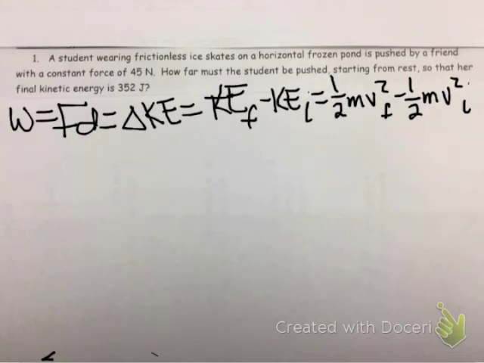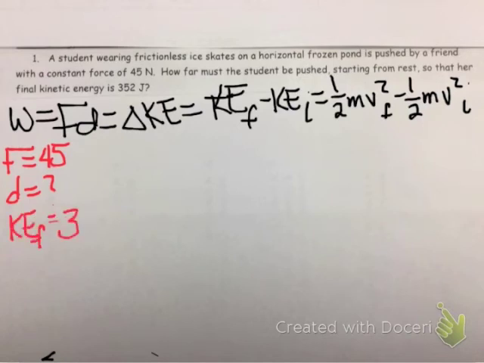So let's start off by writing what we know. We know that our force is equal to 45 newtons. We're looking for a distance. And we know that our final kinetic energy is equal to 352 joules. Let's use our equation and look at what we need.